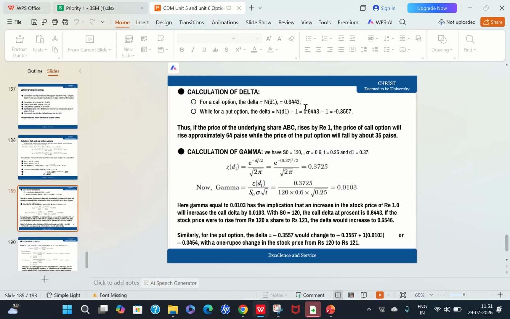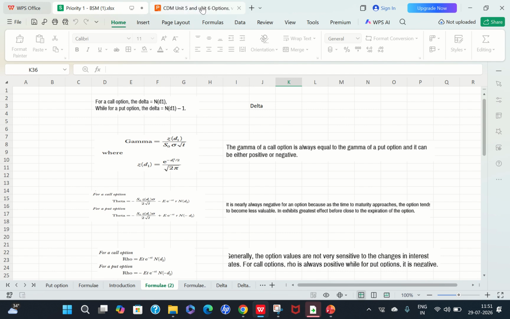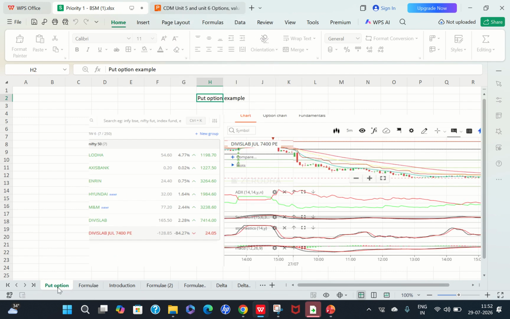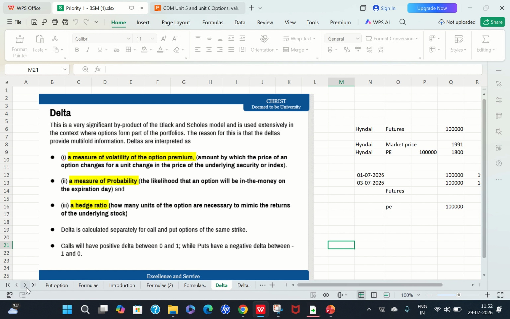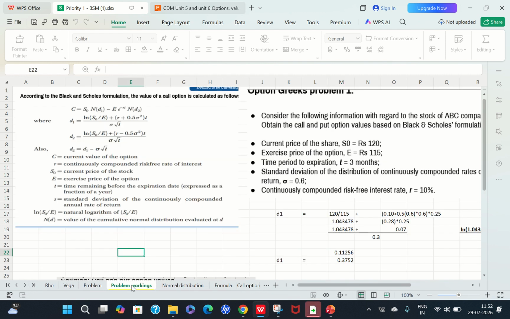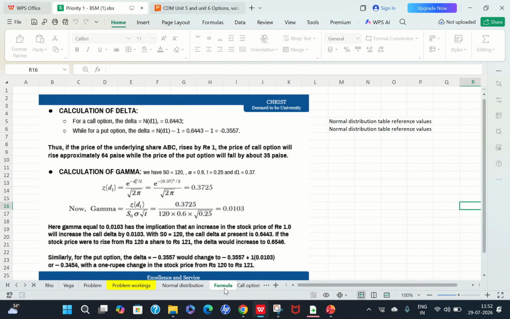Delta is 0.6443 for a call option, and for a put option, delta is 0.3557.